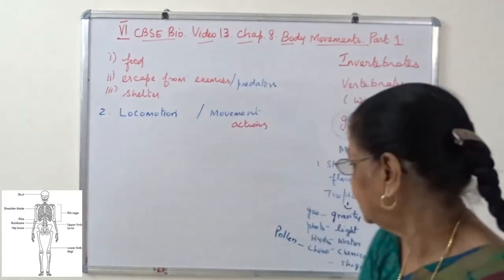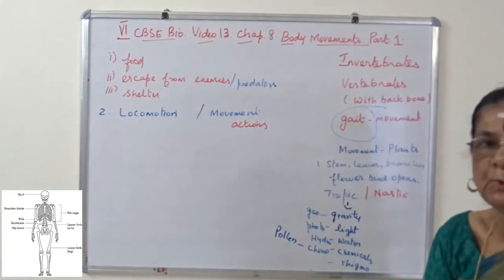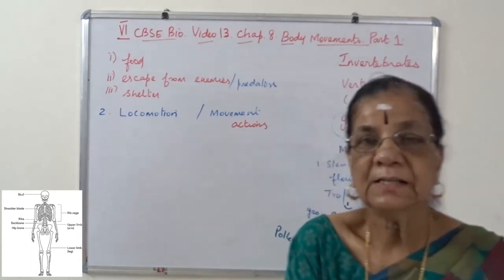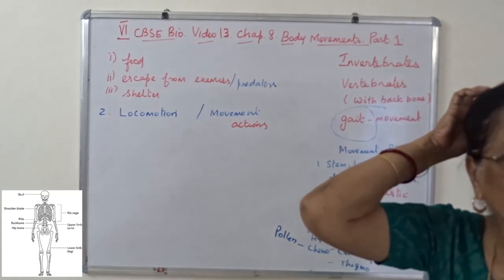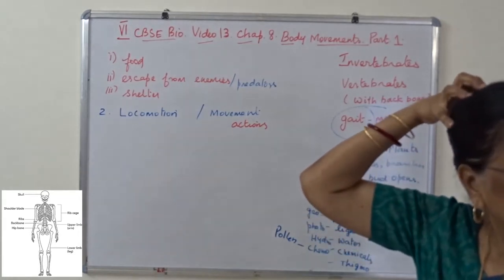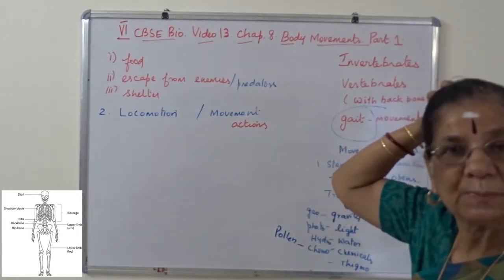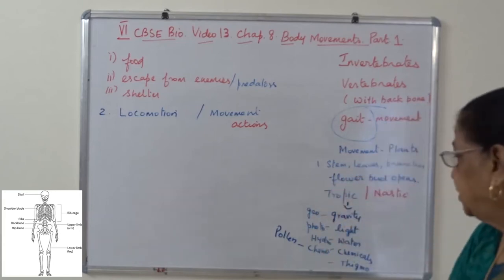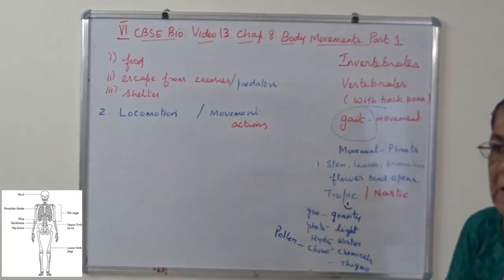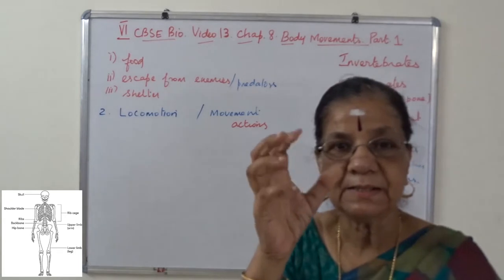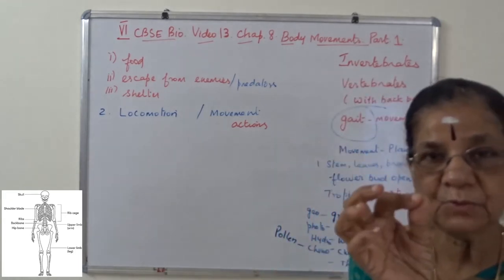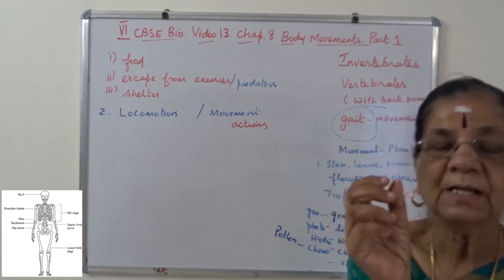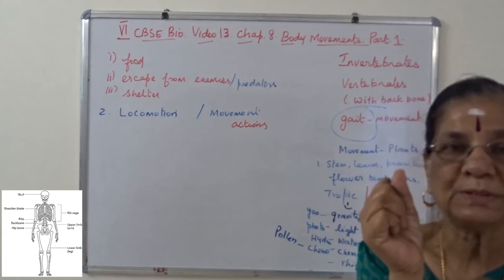When the pollen reaches the stigma, it will start growing for fertilization, and that is in response to chemicals. That is called chemotropism. Sometimes when we touch the touch-me-not plant, the leaf folds, that is stigmotropism.